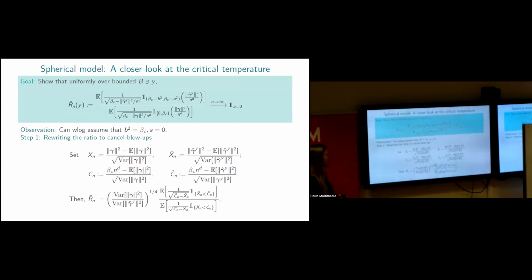Okay, now we come to the critical case. This is the one which poses the most problems. There was one technical result which I'll comment on later. This guy, as we already discussed last time, converges to the expectation.